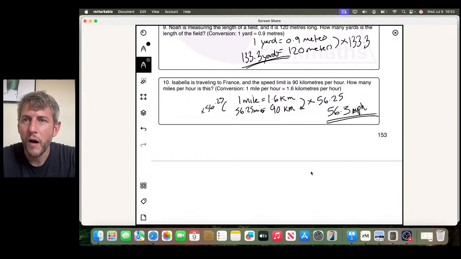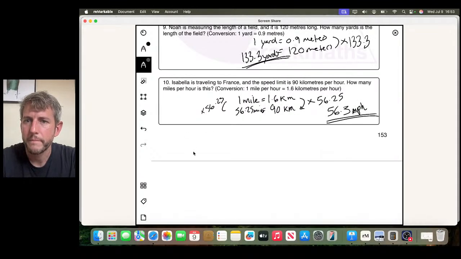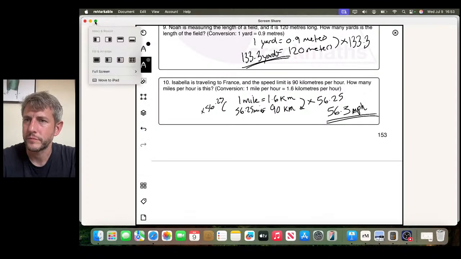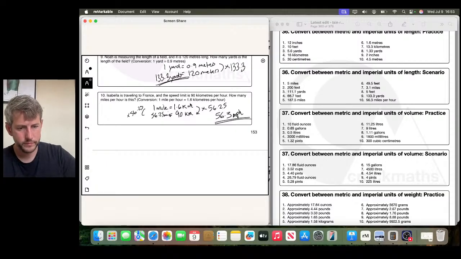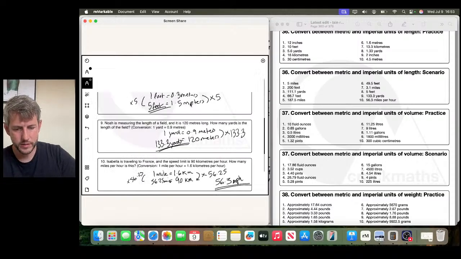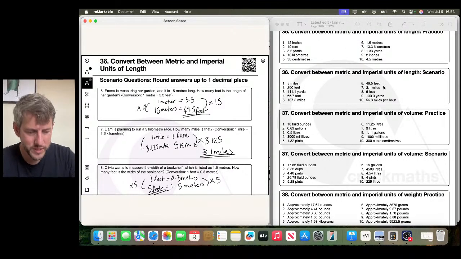Let's get this marked to see if it matches with the answer scheme. Please do. Right, here we go. Question 6: yep, 49.5 feet.